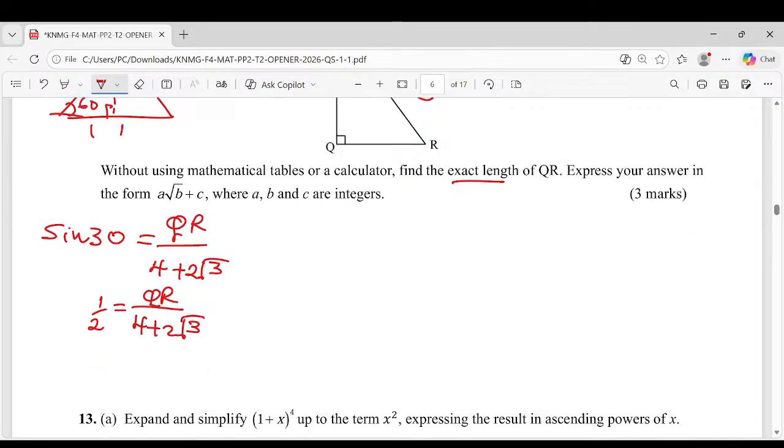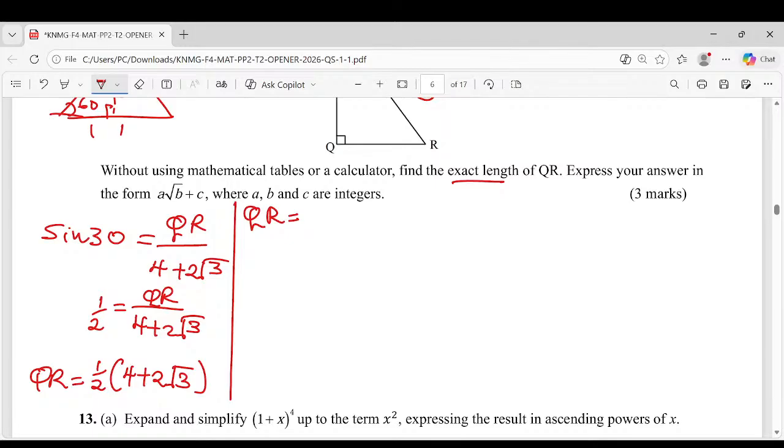So how do you get QR? QR will be given by a half into 4 plus 2 root 3. When you open this further, you're going to get your QR now, ladies and gentlemen, as 2 plus root 3.